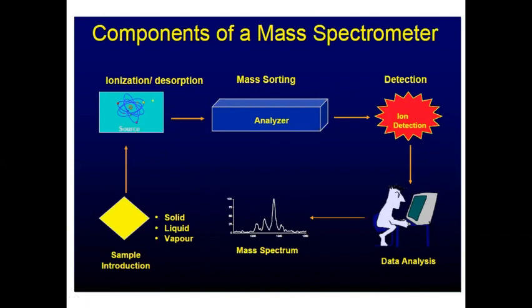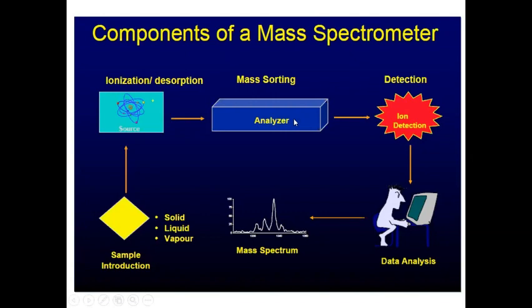In PG or UG examinations, there is a question: write the different components or parts of a mass spectrometer used for the determination of compounds in a mixture sample. Ionization is one part of a mass spectrometer.